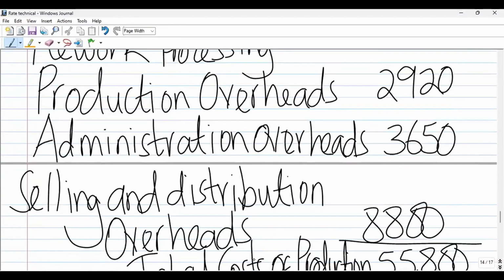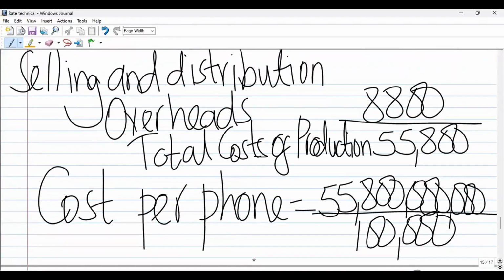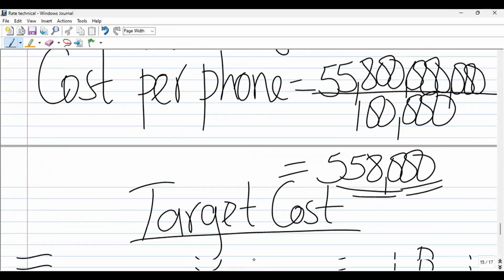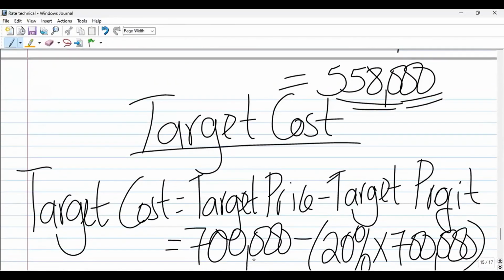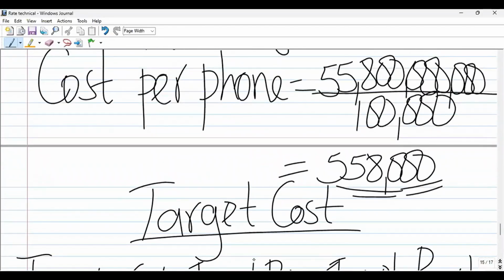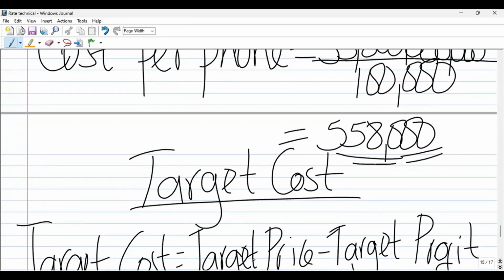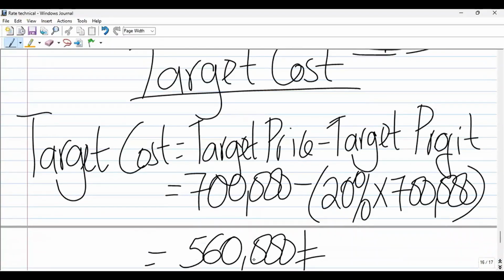The cost of production of 558 is less than the target cost of 560,000. They should go ahead and produce the phone because the production cost per phone of 558,000 shillings is less than the target cost of 560,000 shillings.